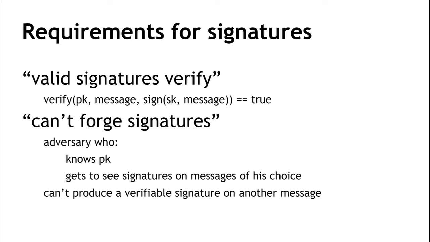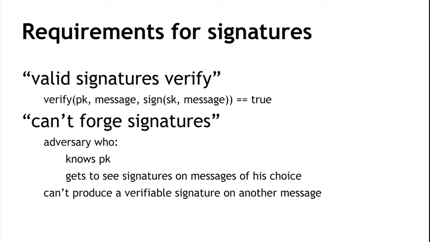The requirements for signatures at a slightly more technical level are the following two. First, valid signatures will verify. That is, if I sign a message with SK, my secret key, and someone later tries to validate it using my public key and the same message, it will validate correctly.